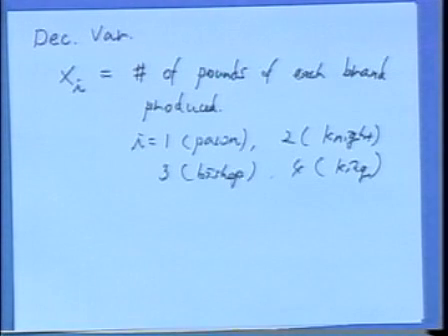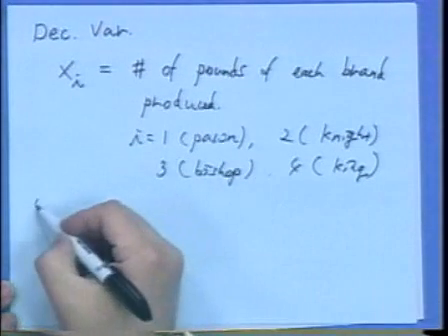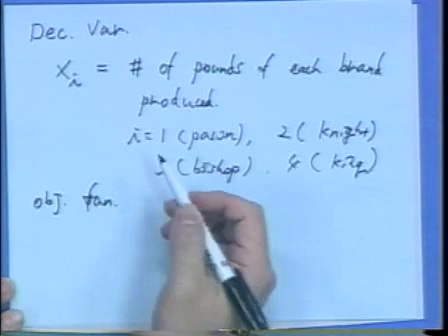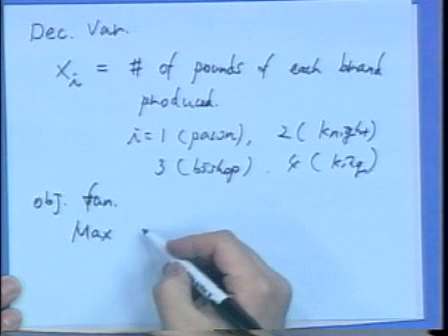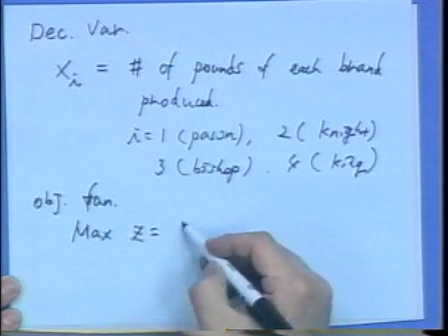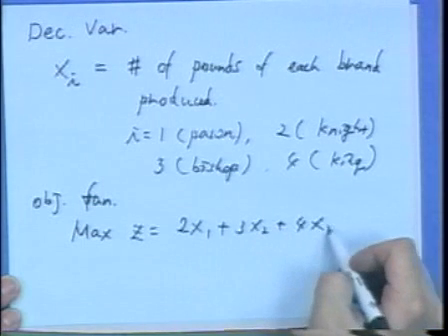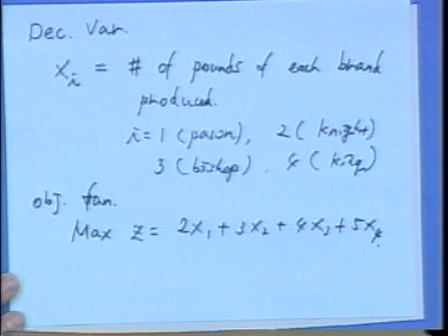Our objective function would be to maximize the total revenue, right? So using the price information, our objective function would be maximize 2x1, 3x2, 4x3, and 5x4, right? Okay.